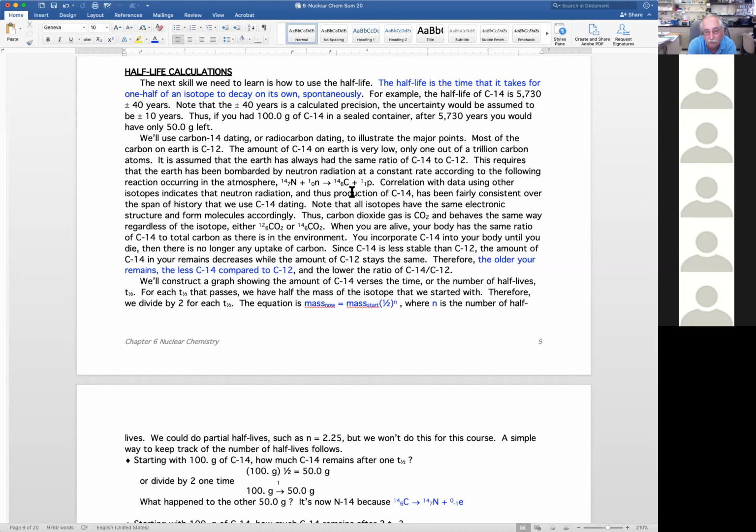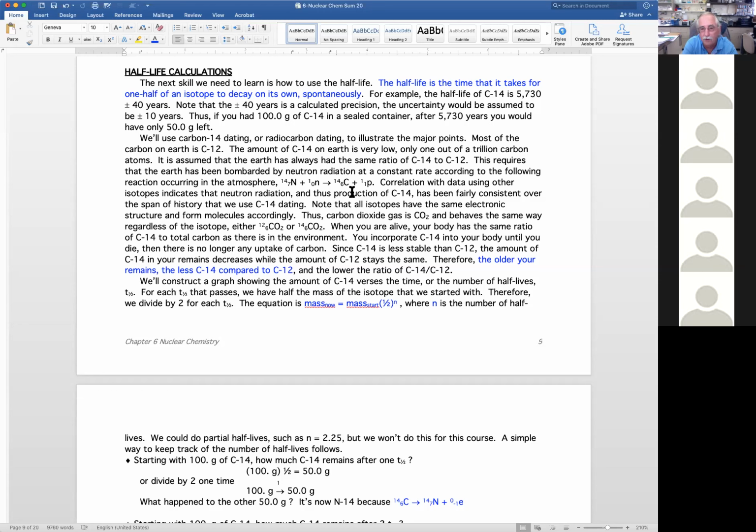We're not controlling where the neutrons come from, but we would look at that as a bombardment, but we can't control it. It's a natural thing we're looking at. So what this now means is that in order for the carbon-14 to be constant through time, the bombardment of neutrons from the cosmic radiation also has to be stable in time.